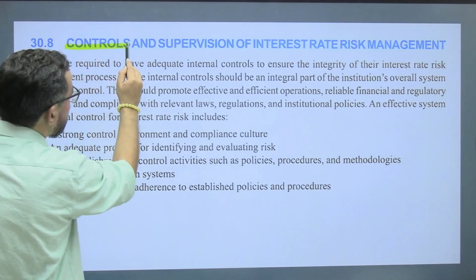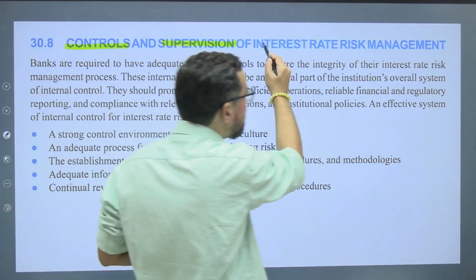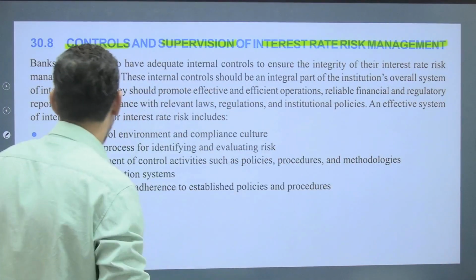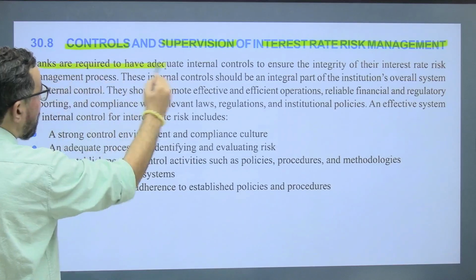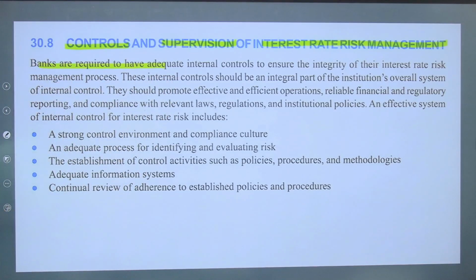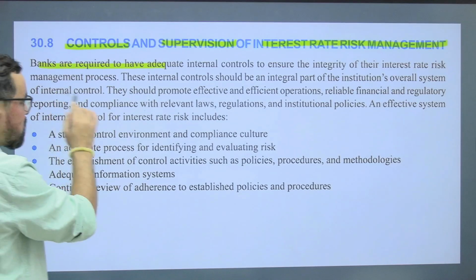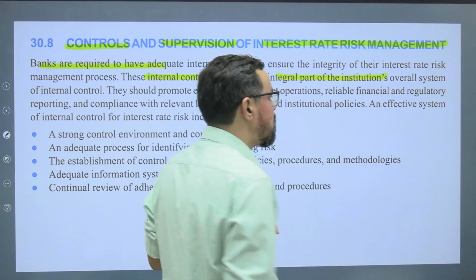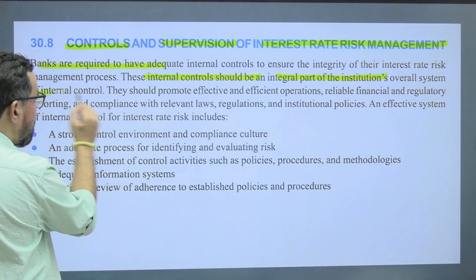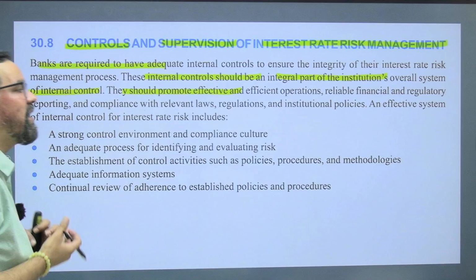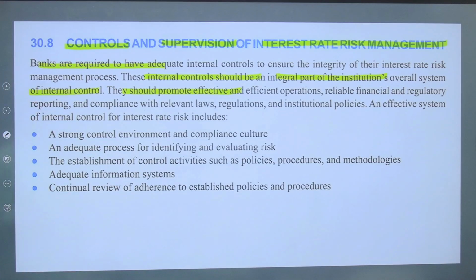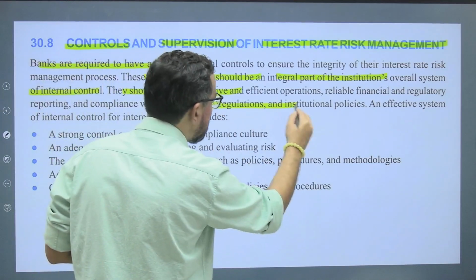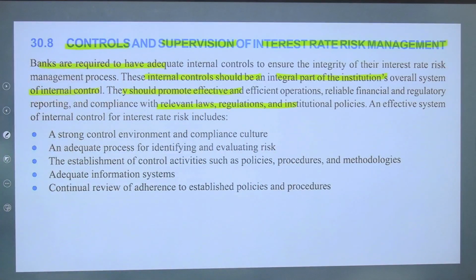So, control and supervision of interest rate risk management. Banks are required to have adequate internal control to ensure the integrity of their interest rate risk management process. The internal control should be an integral part of the institution's overall system of internal control. They should promote effective and efficient operation, reliable financial and regulatory reporting, and compliance with relevant laws, regulations and institutional policies.